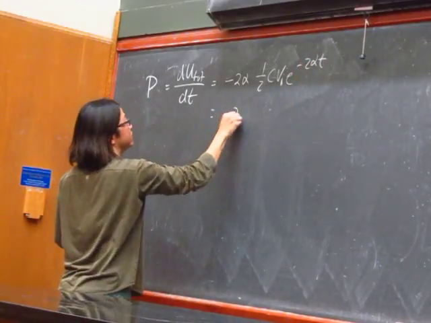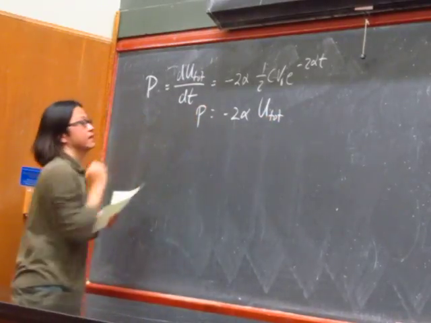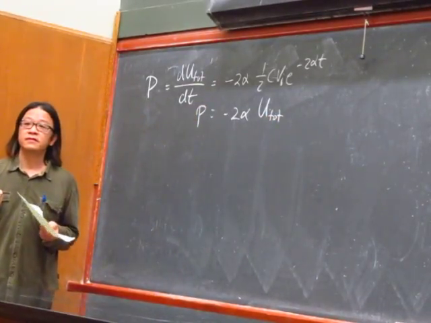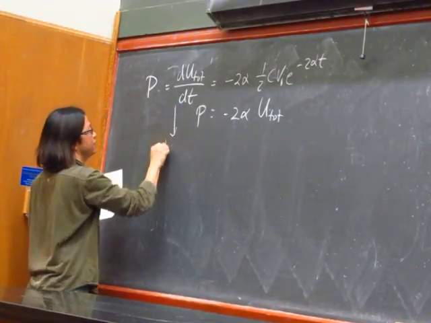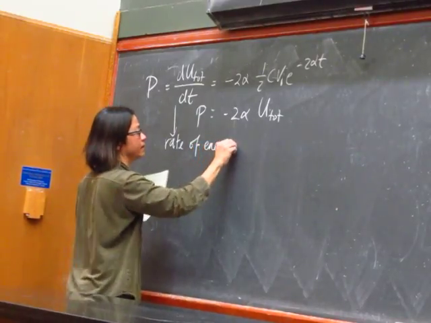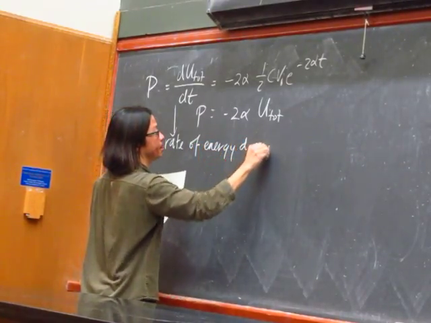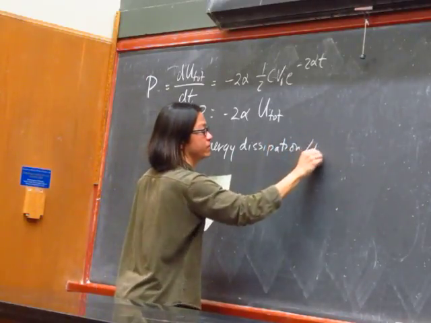This is equal to minus 2 alpha U total. This is the rate of energy dissipation, or energy change.